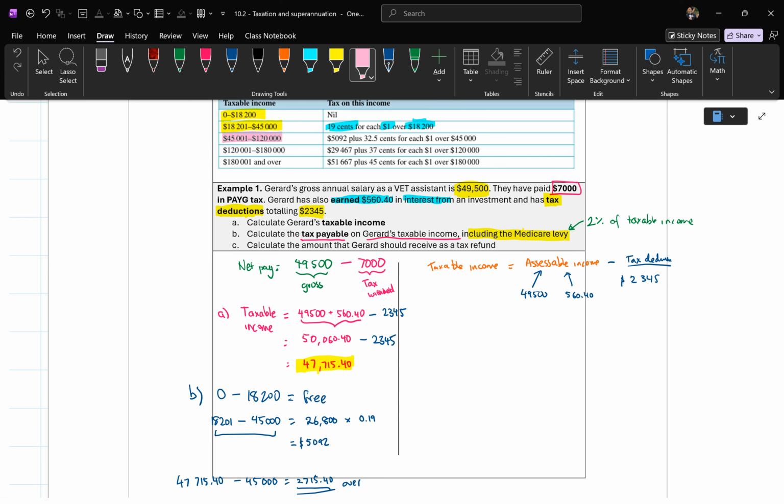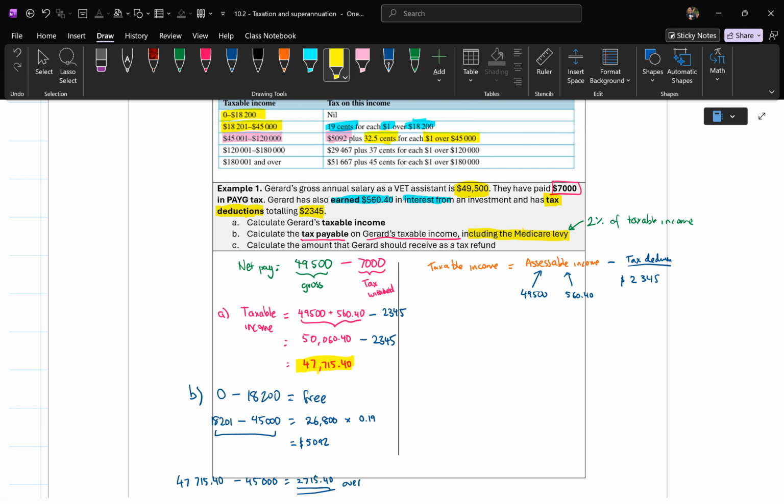You're paying $5,092 plus 32.5 cents for every dollar over 45,000, which we just calculated. You are over 45,000 by 2,715. So this amount, 2715.40 times 32.5 cents plus 5,092.